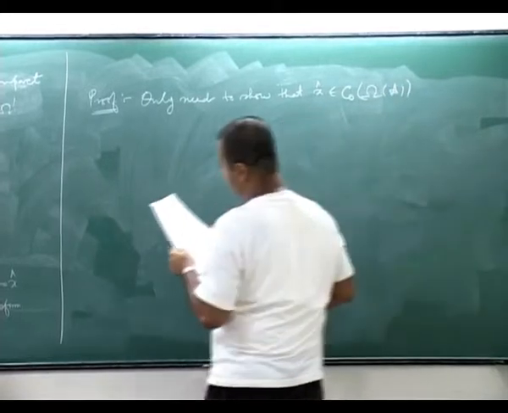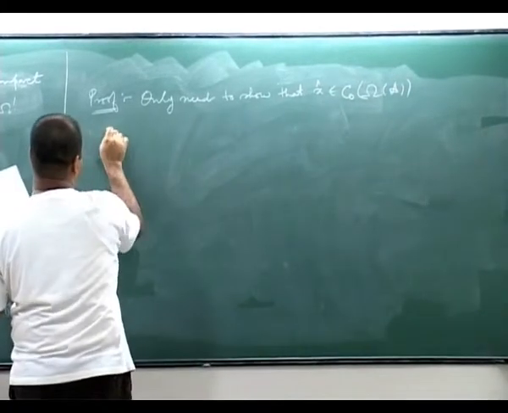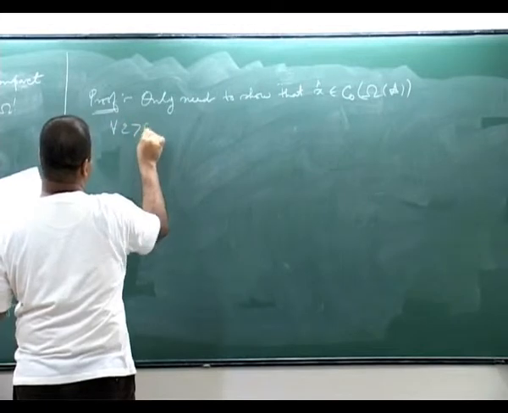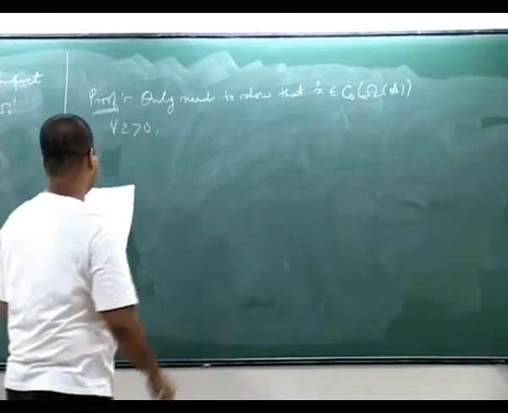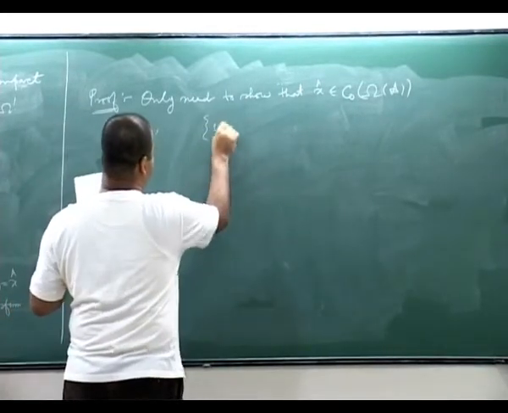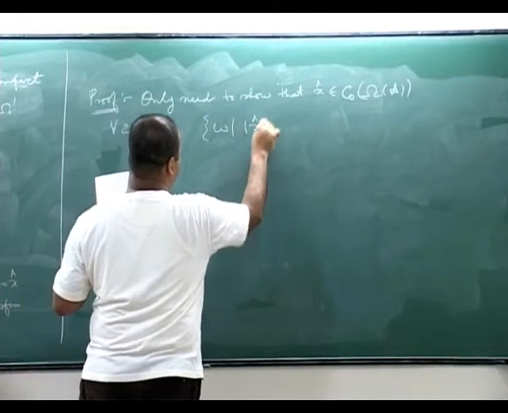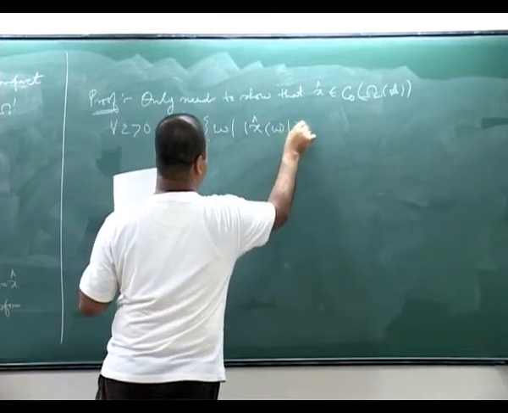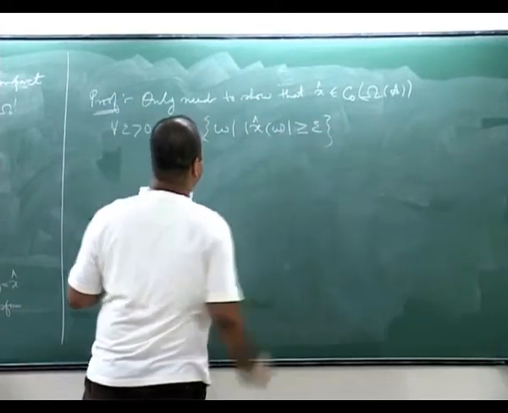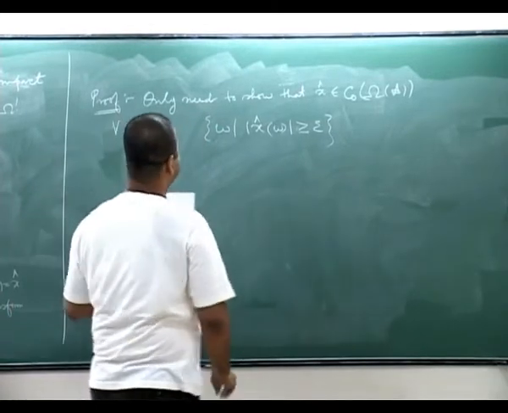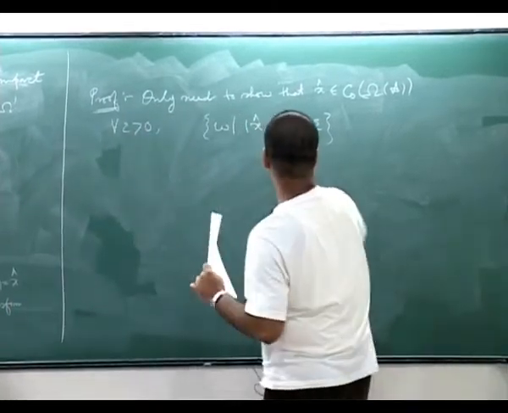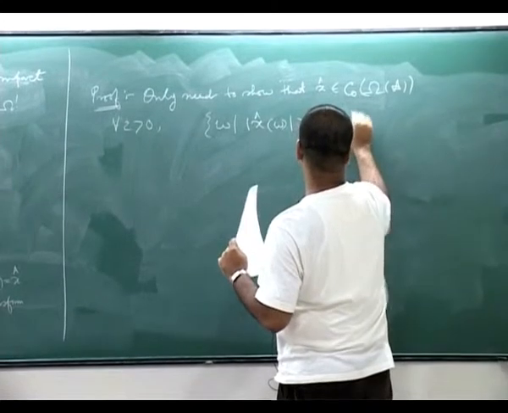So, vanishes at infinity means it is small outside a compact set.